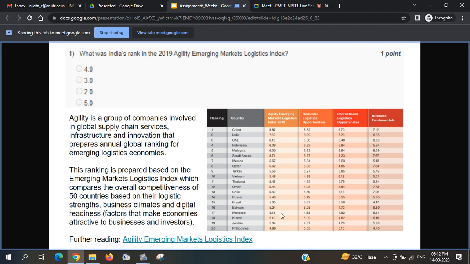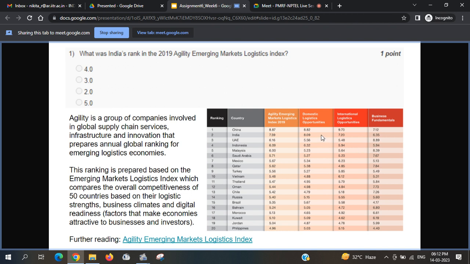You can see in this index, this is the comprehensive Agility Emerging Markets Logistics Index, and this is the weights along with the ranks. Weights are assigned to each country, how attractive they are based on the index.